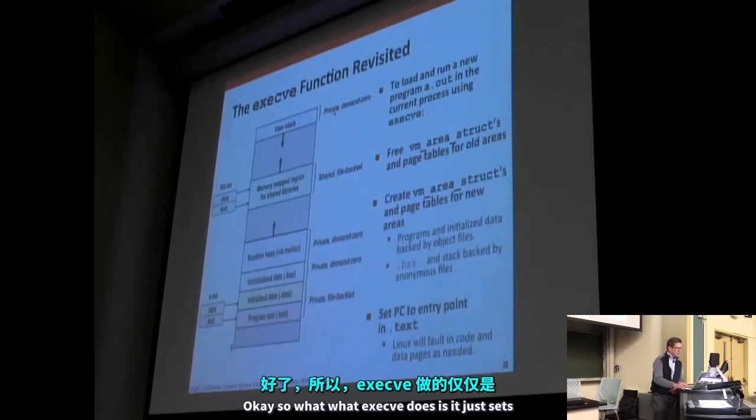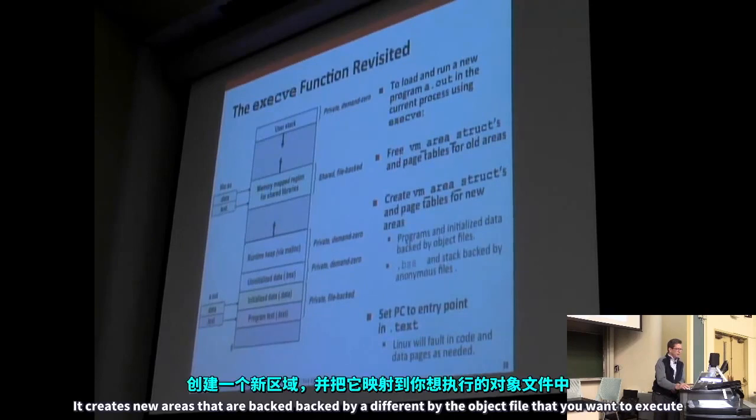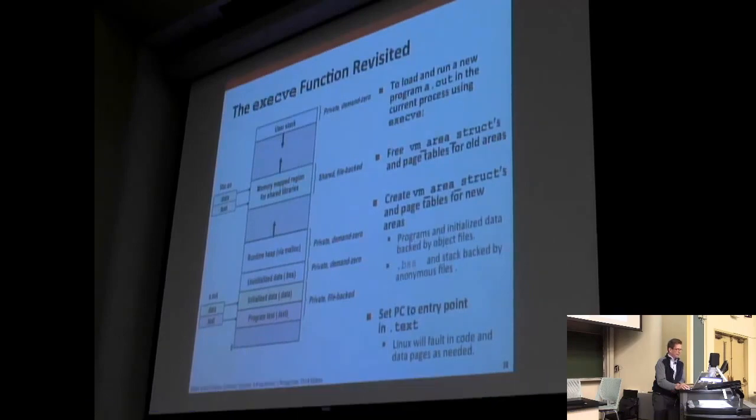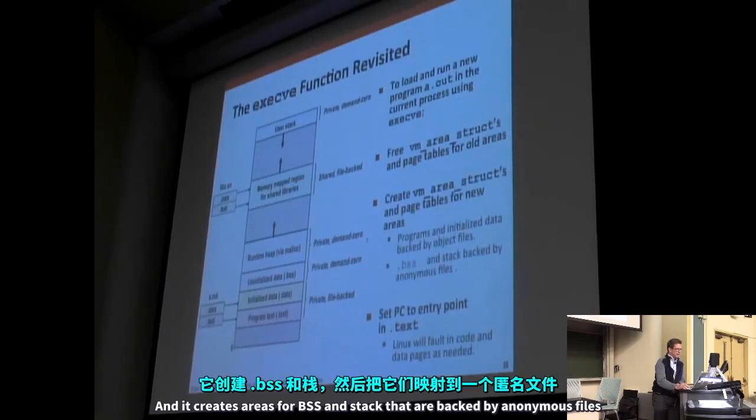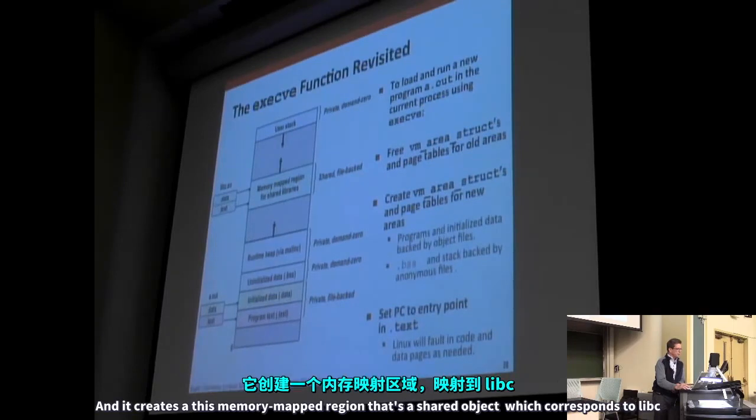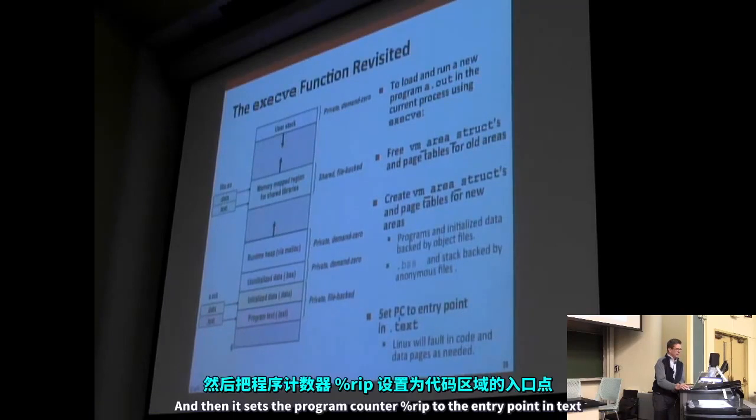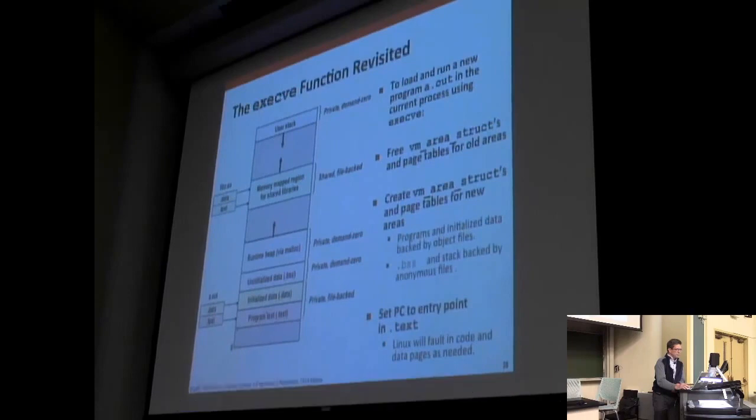So what exec does is it creates new areas that are backed by the object file that you want to execute. It creates areas for BSS and stack that are backed by anonymous files, and it creates this memory mapped region that's a shared object which corresponds to libc. And then it sets the program counter, RIP, to the entry point in text.